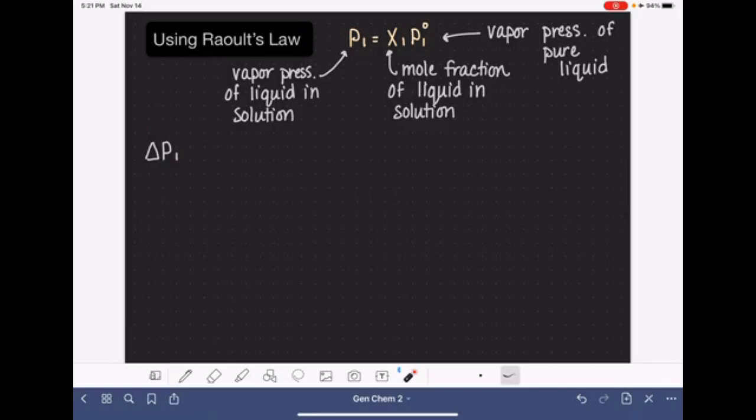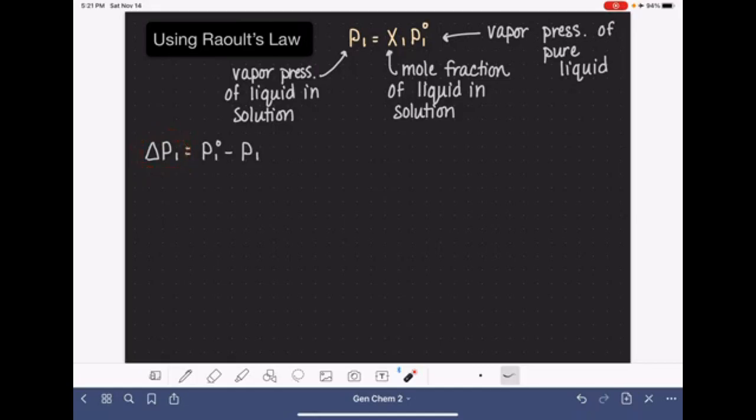So the delta means change: the change in the vapor pressure for molecule number one is going to be the difference between the vapor pressure of the pure liquid and the vapor pressure of the liquid when it is part of the solution. So if we take the vapor pressure of the pure liquid and subtract the vapor pressure of the liquid once it has become part of a solution, that gives us the overall change in vapor pressure for that particular substance.